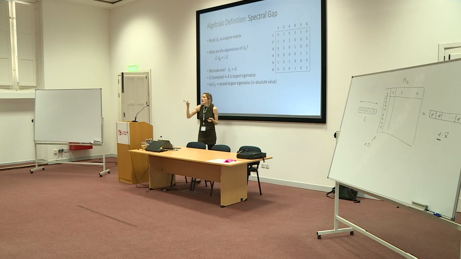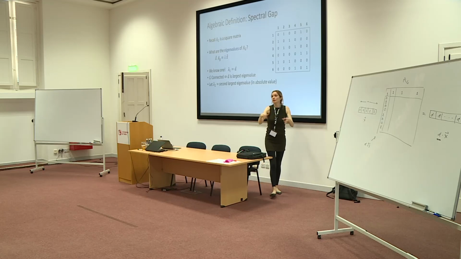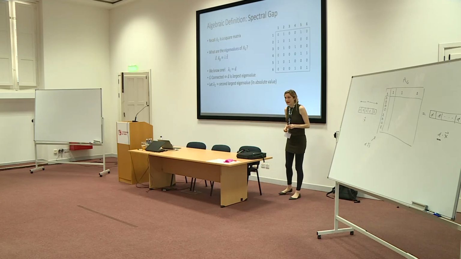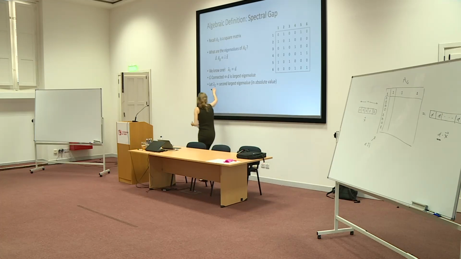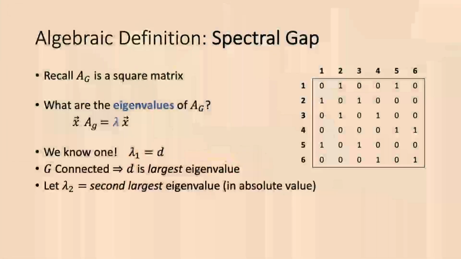And the question is, what is the next biggest eigenvalue? This is where the actual structure of the graph, where my edges come to and from, comes into play. So let's define lambda 1, which is d, the biggest eigenvalue, and lambda 2 to be the second biggest eigenvalue, in absolute value.